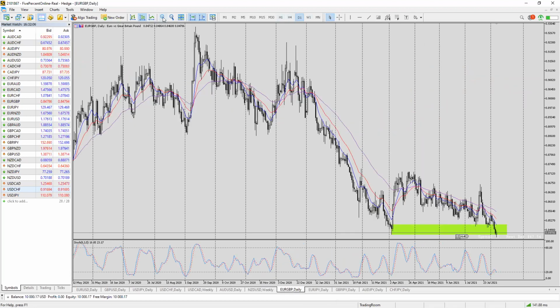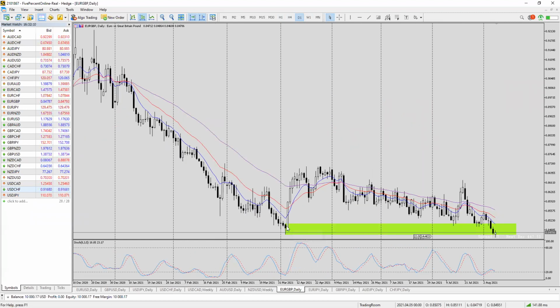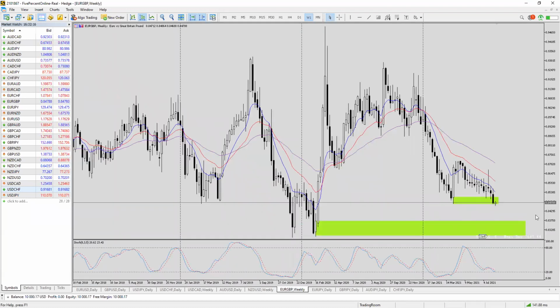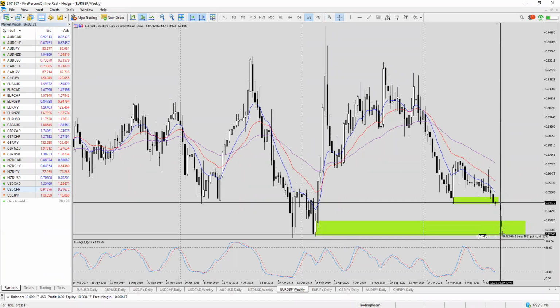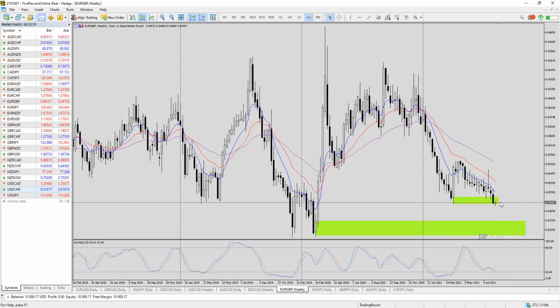Euro pound is interesting because this demand zone has been consumed and has been broken, and you can see that overall the trend on the weekly chart is bearish, and I think it's headed towards this lower demand zone, which is somewhere around 100 to 200 pips below.